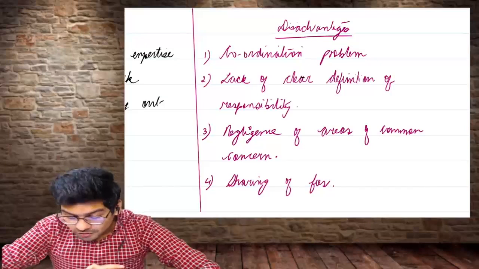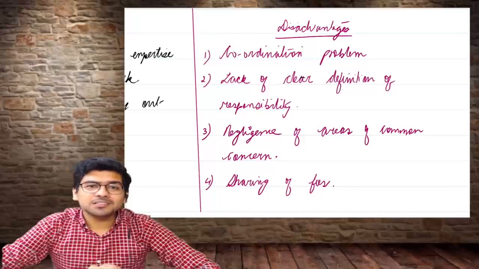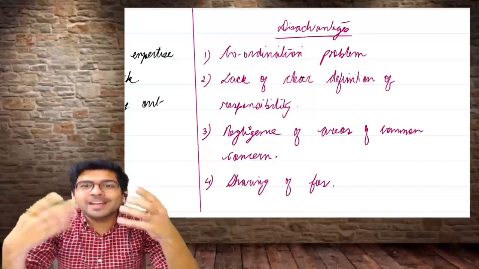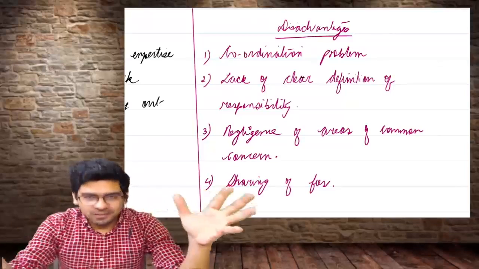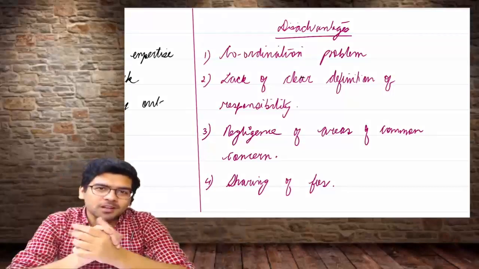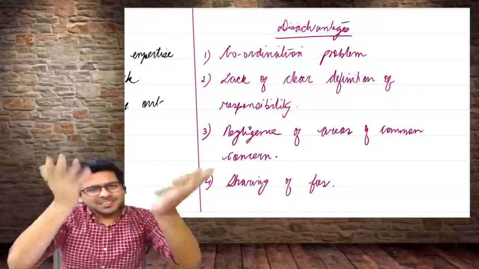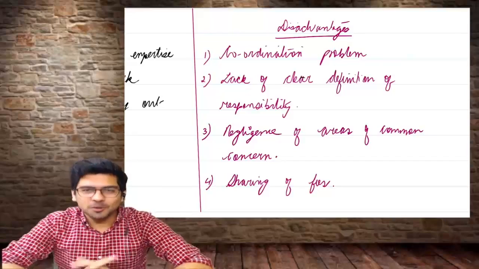Then negligence of areas of common concern. Let's say we 4 auditors, A, B, C and D, decided that this is an important thing, we'll do it together. Now in areas which are common, wherein they have not divided the work, everyone becomes negligent. They think, okay, let B do it. B will think, hey, C will do it. These are common areas, because for a common area they are jointly responsible, right?